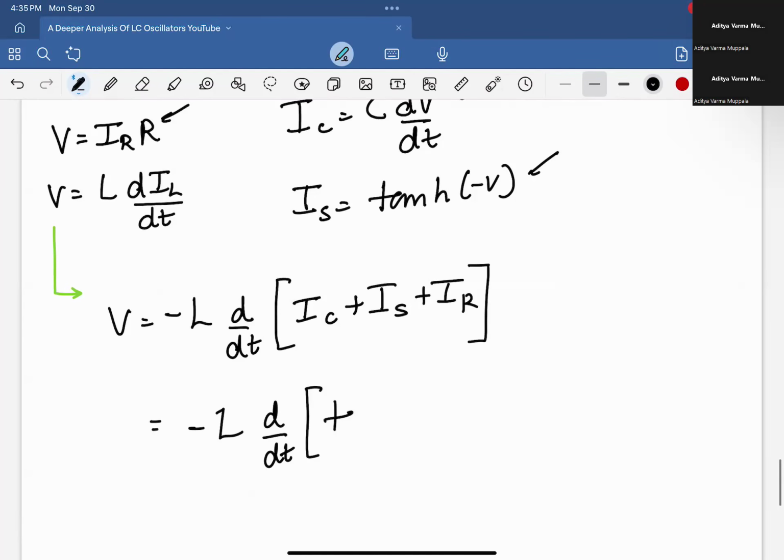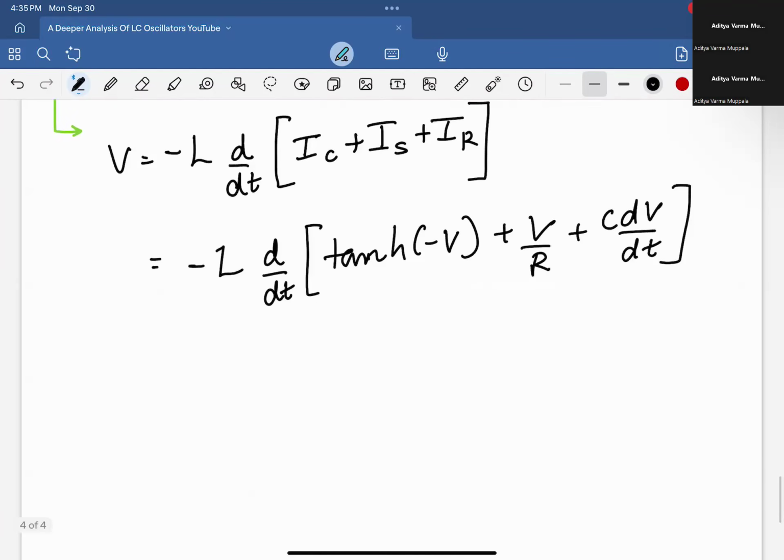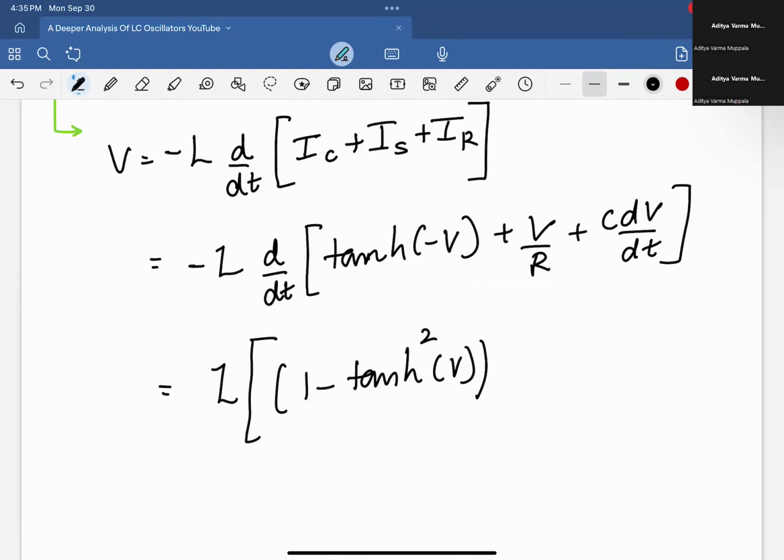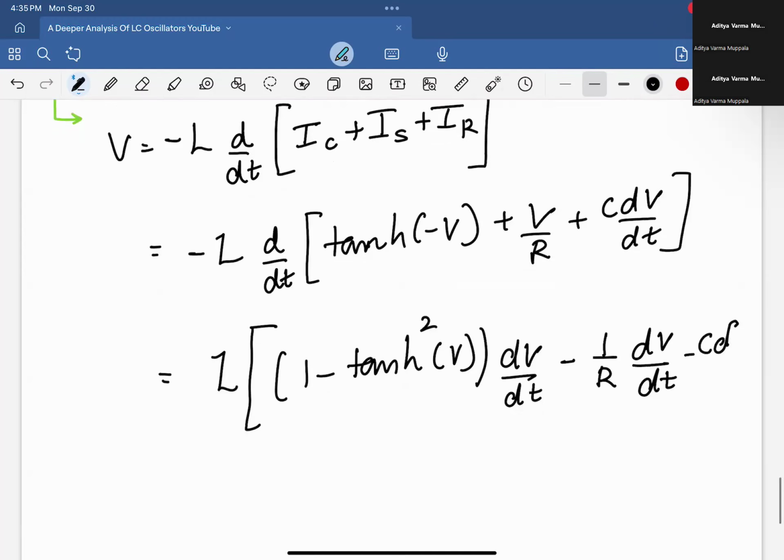V equals minus L d over dt times tanh of minus V plus V over R plus C dV over dt. Okay. And then this can be simplified, of course, as L times 1 minus tanh squared of V. So you take the derivative. That's what you should get. And tanh is an odd function, so I can pull the negative sign out, right? Times dV over dt minus 1 over R dV over dt minus C d squared V over dt squared.